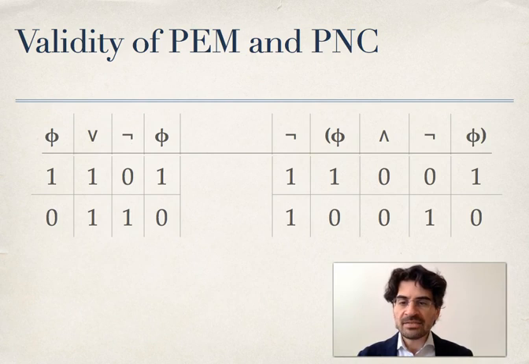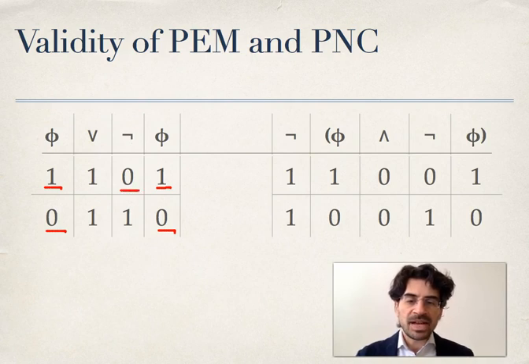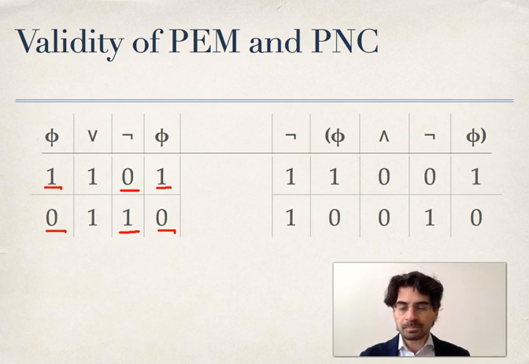We can assign value 1 to phi, or we can assign value 0 to phi. These are the only two possibilities, and phi is any formula. Now, if phi is given value 1, then not phi must be given value 0, and if phi has value 0, then not phi must be given value 1. This is just by the truth table of the negation.